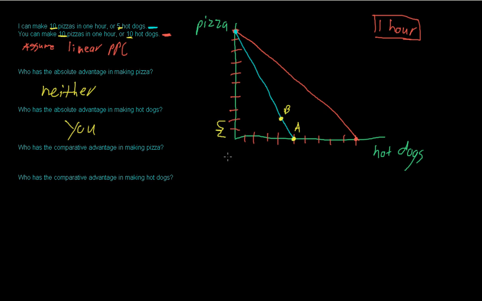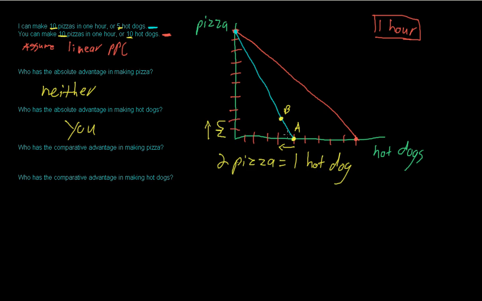So for me to make 2 pizzas, I have to give up 1 hot dog. And you can see that graphically because to increase pizza by 2, I have to decrease my hot dog production by 1. So what would it cost for me to just make 1 pizza?